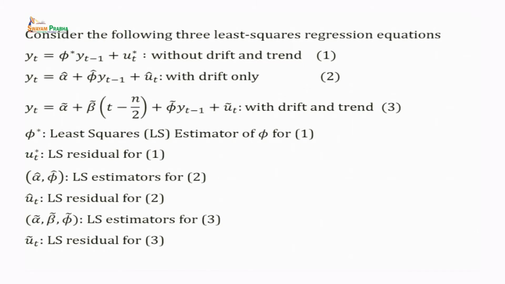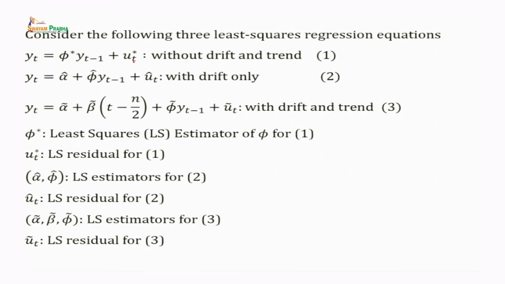Then phi star is the least square estimator of phi in equation 1. So, what we do, we just run the least square procedure for this equation, and then we obtain the least square estimator of phi here, and the corresponding least square residual is u_t star.